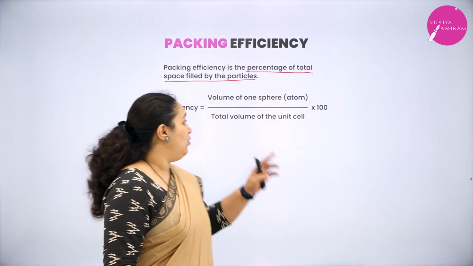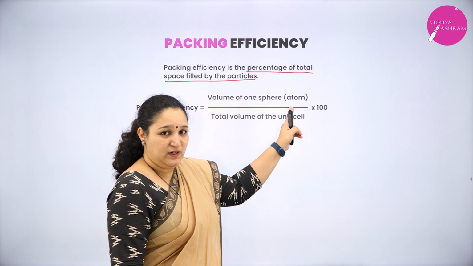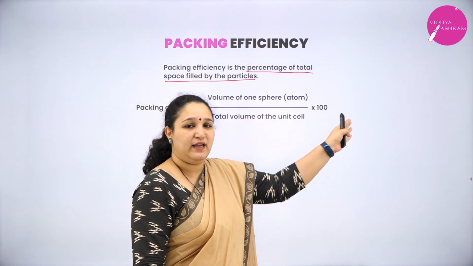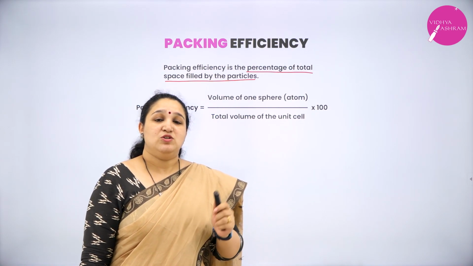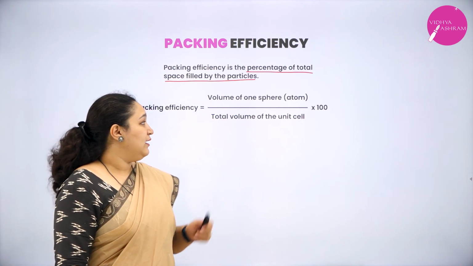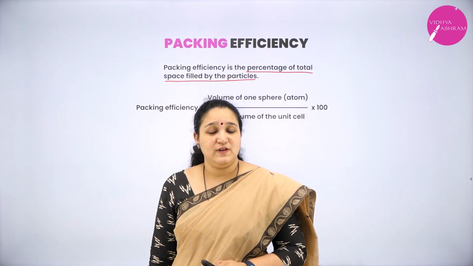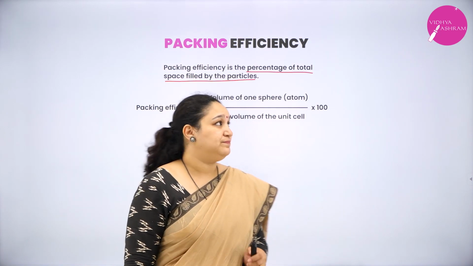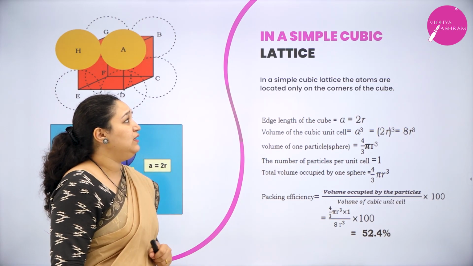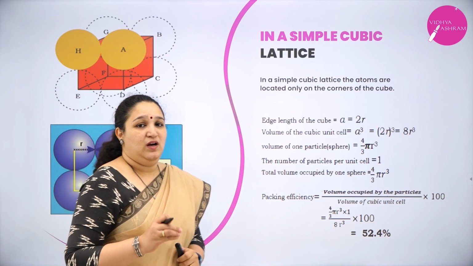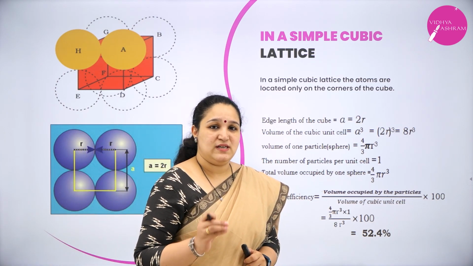That's the reason: volume of sphere by total volume of unit cell into 100. So, this is the formula for calculation of packing efficiency. So, the first derivation is in simple cubic lattice, that is primitive cubic unit cell.